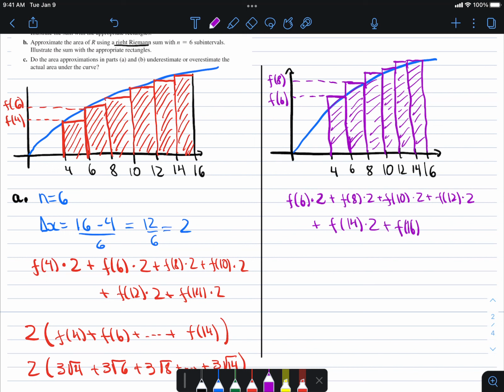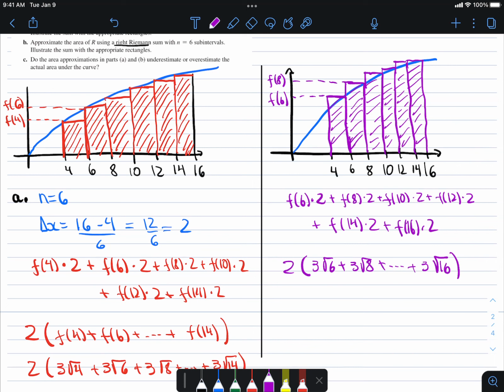I like sometimes to count to see that I do have the 6 intervals. 1, 2, 3, 4, 5, 6. I do have them. Note again that now I started at 6, so the 4 doesn't show up, but all the other points do show up in this calculation. So all I need to do is repeat the idea and calculate 3 root 6 plus 3 root 8 and so on up to 3 root 16.